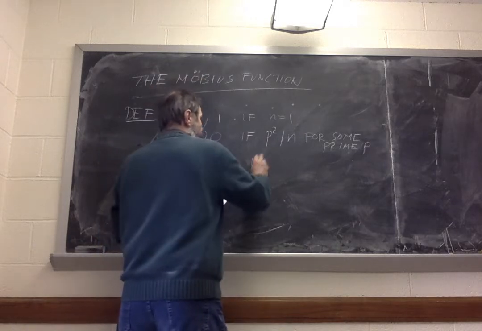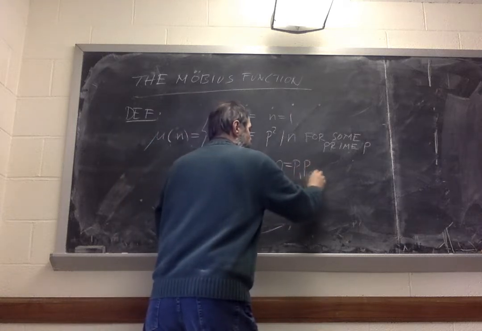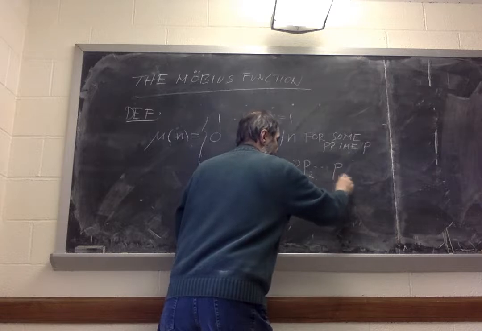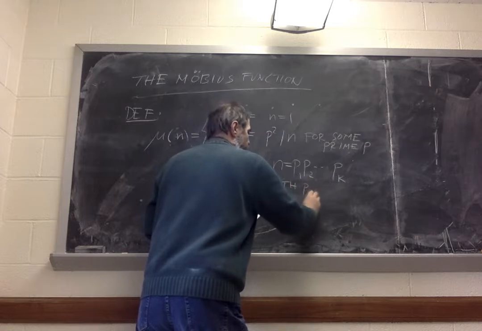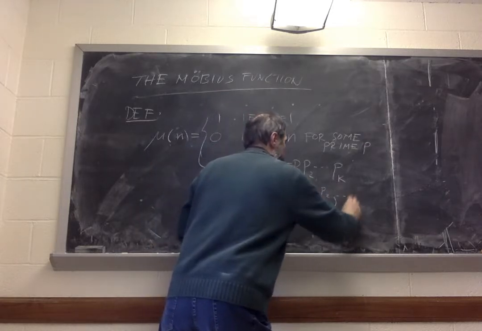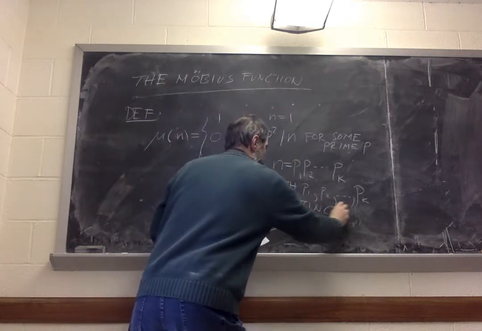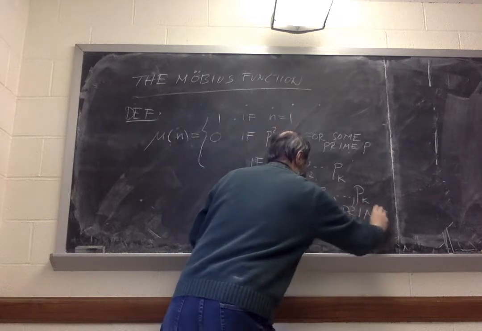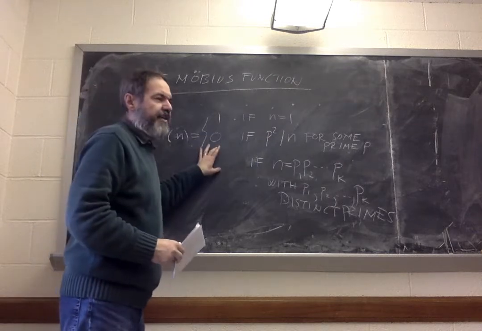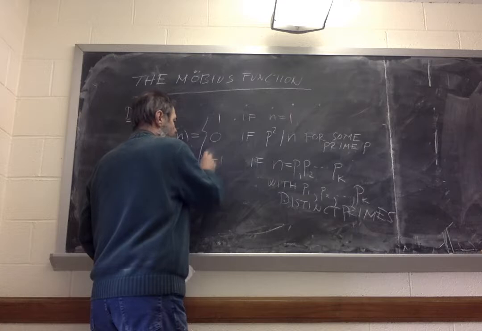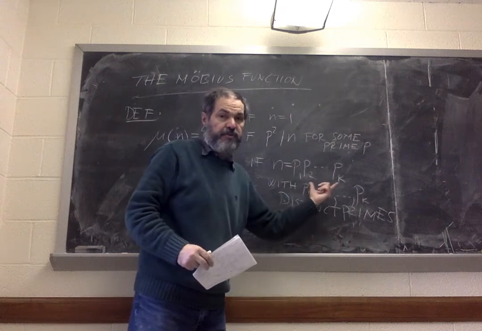And if that's the case, so if n is a product of different primes, say p1, p2, up to pk, with p1, p2, pk distinct primes, then it's defined to be -1 to the k, where k is the number of such primes.